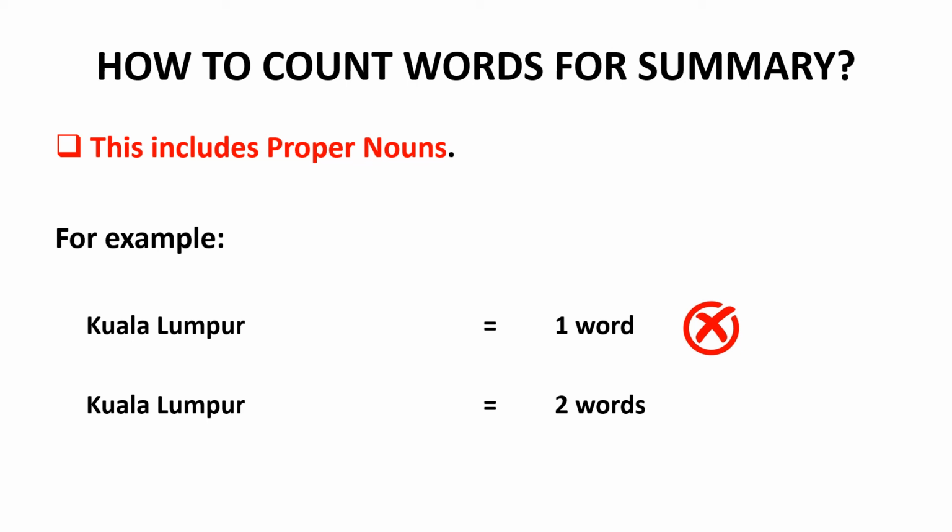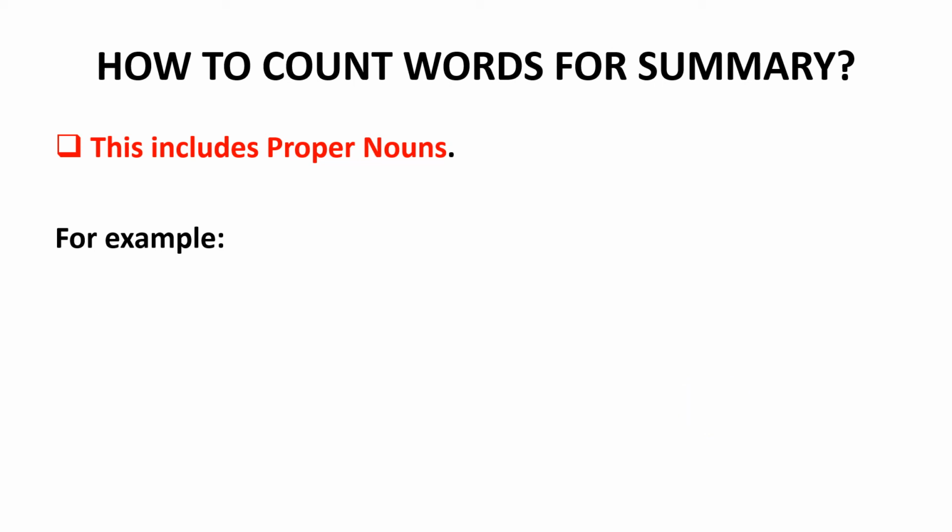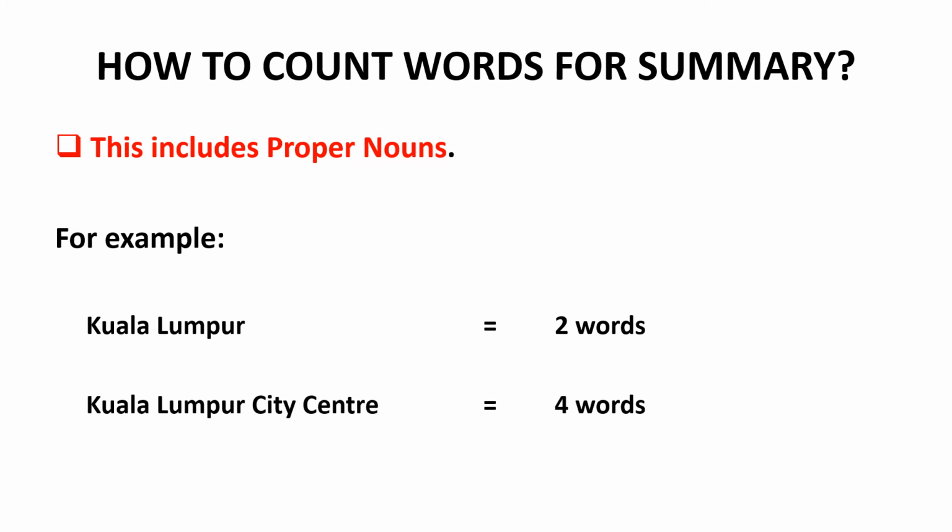Okay, so in English, to count the words is very simple. Let's see another example. So Kuala Lumpur is two words. So Kuala Lumpur City Centre is 4 words. Okay. In BM, Kuala Lumpur City Centre is considered as one word. But in English, Kuala Lumpur City Centre is considered as 4 words.